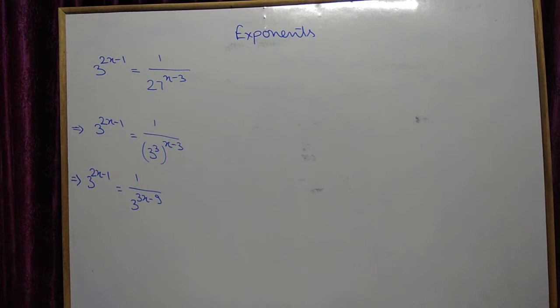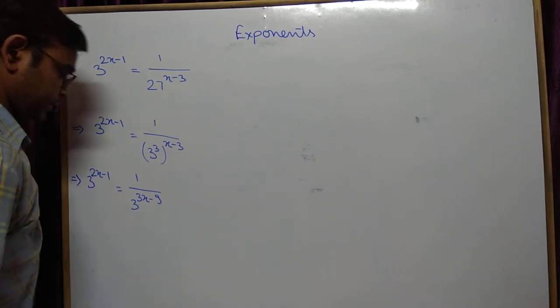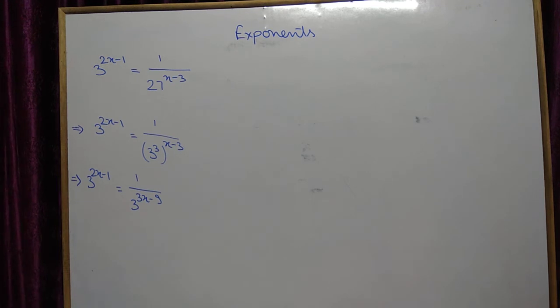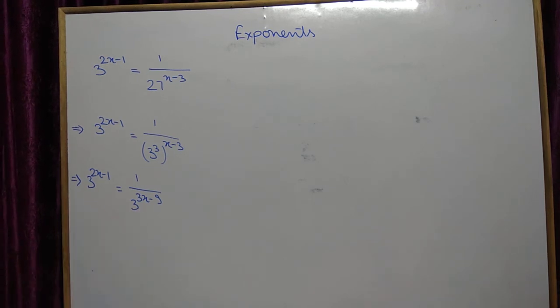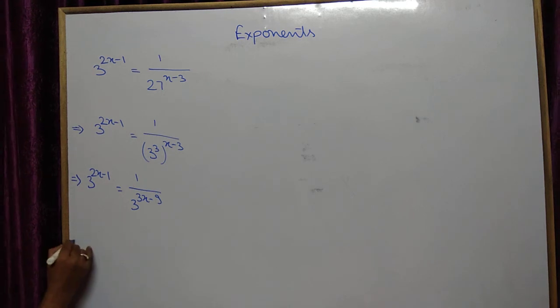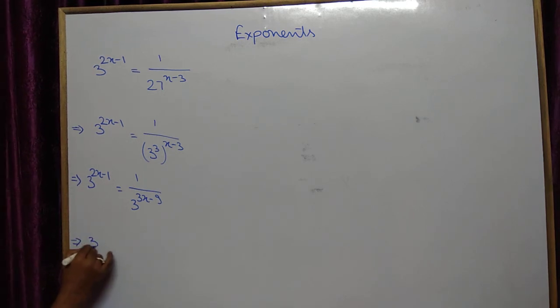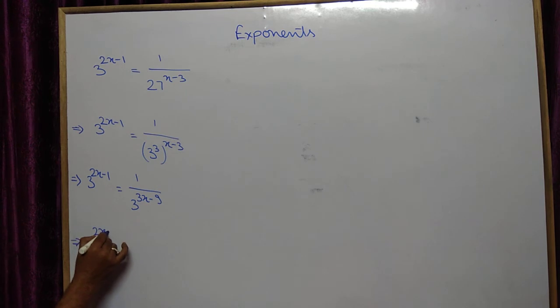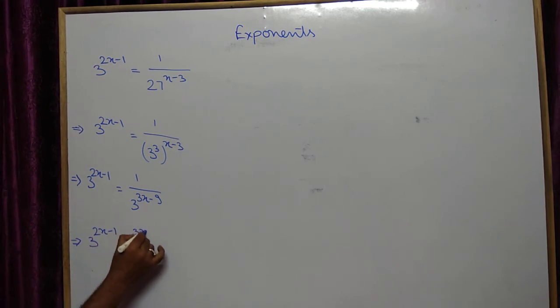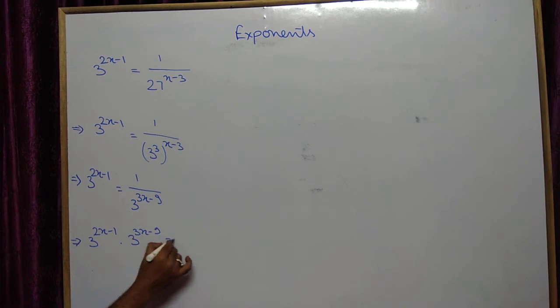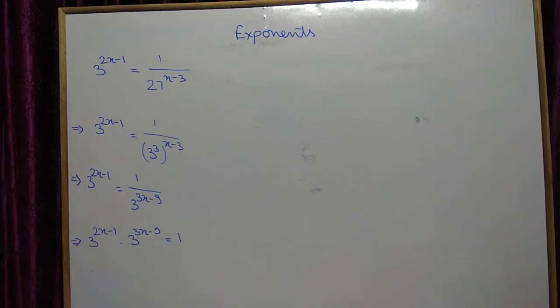Now we have to find the value of x. So for this case we move this to this side. 3 to the power 2x minus 1 into 3 to the power 3x minus 9 equals 1.